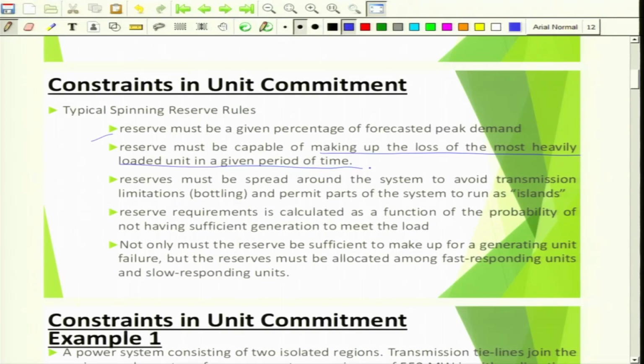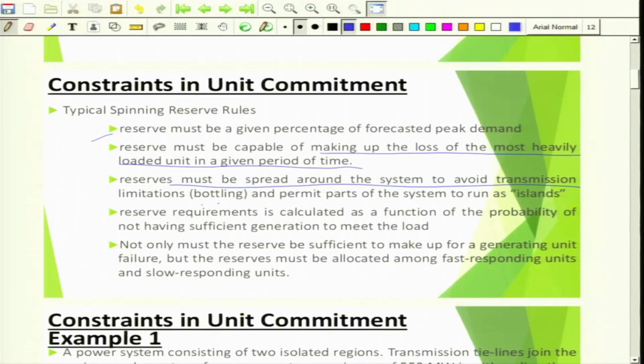Suppose there are n generators, and there is one specific generator of higher capacity, or overloaded, considering n minus 1 contingency. If that generator is taken away from the system for any reason, whether with the support of spinning reserve you are still able to sustain the system in terms of maintaining generation equal to load. Also, reserves must be spread out around the system to avoid transmission limitations, bottling, and to permit parts of the system to run as islands.